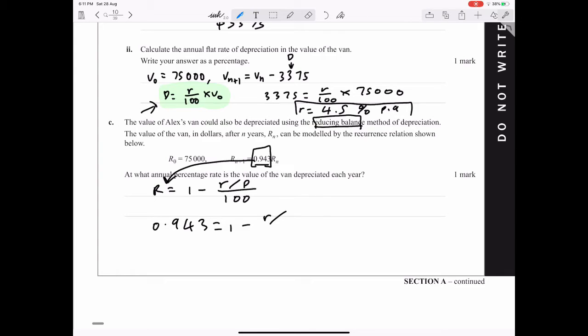We know that the value of the van in dollars after n years, so therefore, compounding periods is 1 on 100. Solve in your calculator for r, and you get 5.7% per annum, which is the rate of depreciation every year.